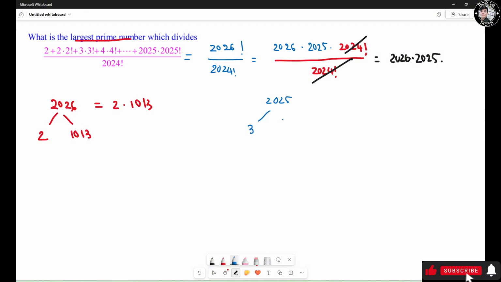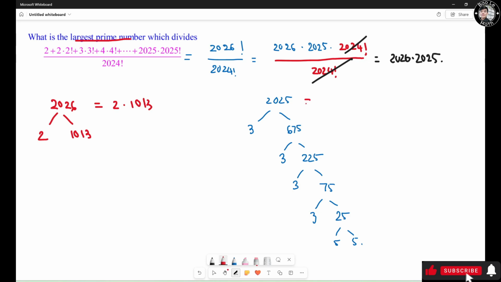Divide by 3, it's going to be 675. 675 divided by 3 is 225. 225 divided by 3 is 75. 75 divided by 3 is 25. 25 divided by 5 is 5, and then we stop right here.